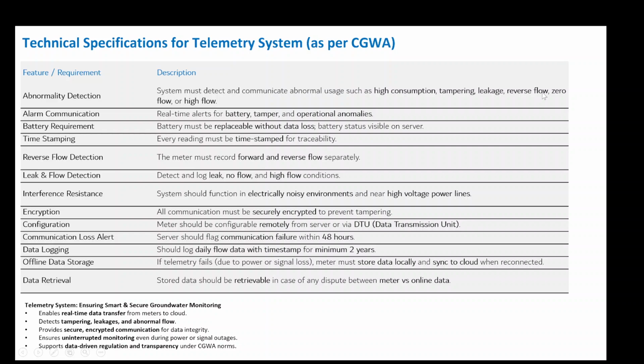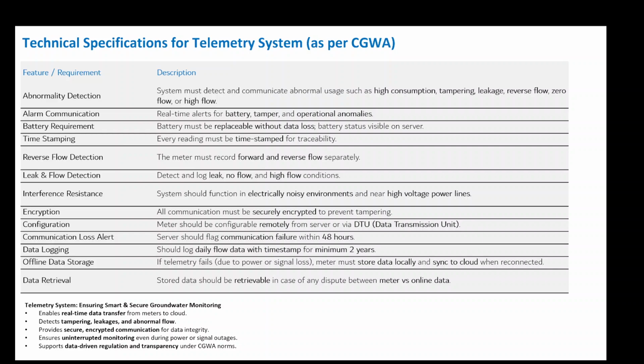It should give a notification if something like that occurs. Alarms include battery and tamper alerts, real time or operational. Battery should be replaceable without data loss, as already mentioned earlier. Leak and flow detection: detect and log leak, no flow and high flow conditions. These are very important parameters, the requirements for the telemetry system.